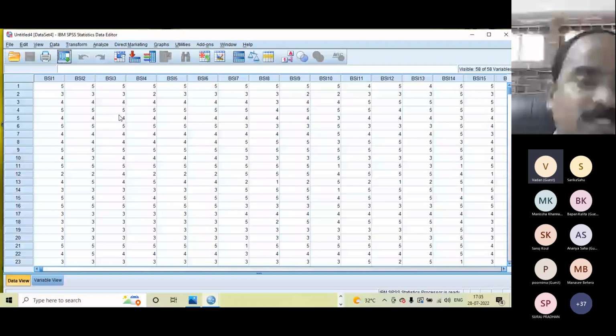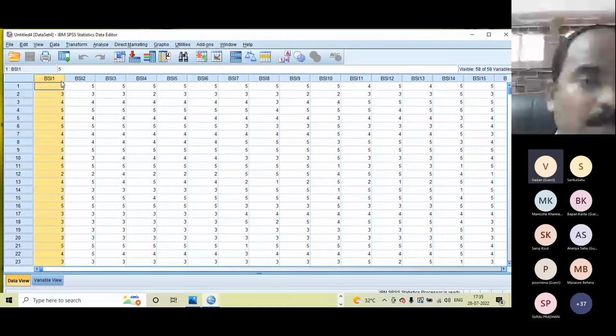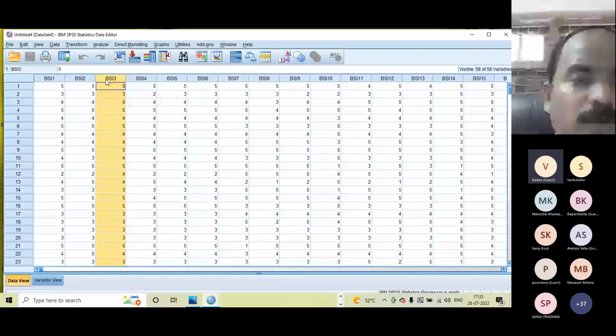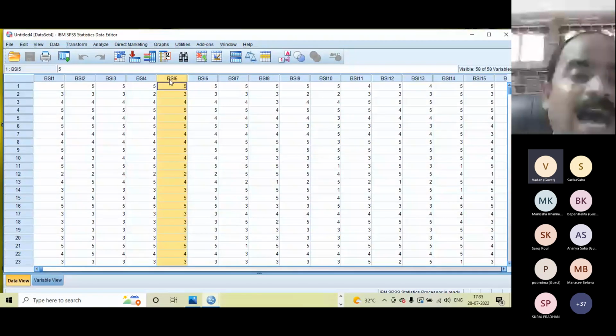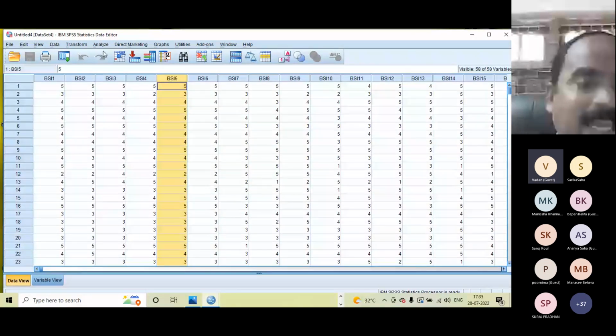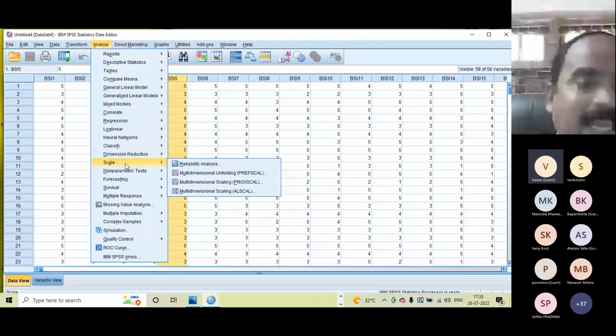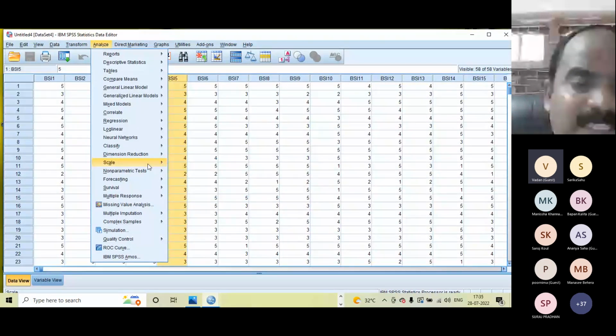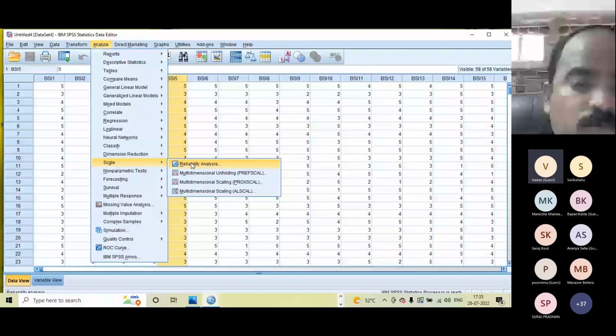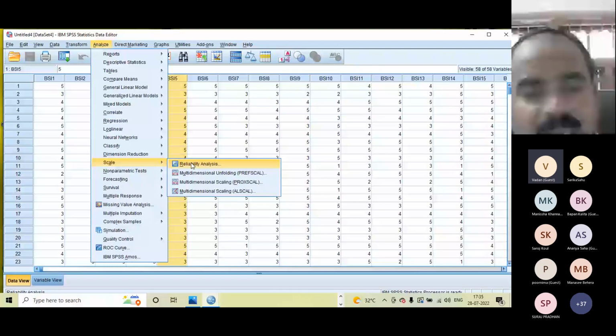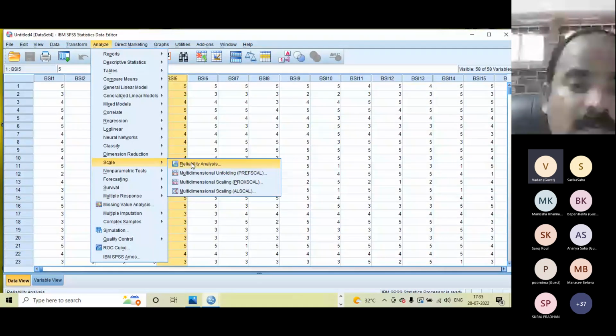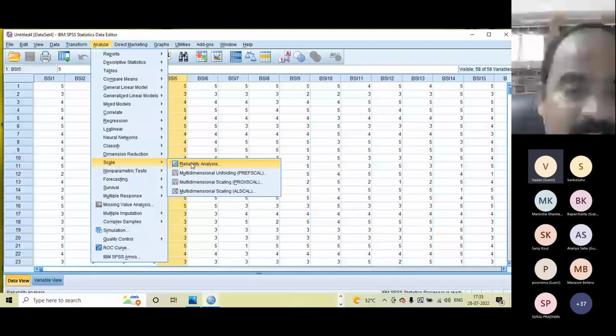BSI 1, BSI 2, BSI 3, BSI 4, BSI 5: only these five indicators come under F1. So go to Analyze, go to Scale, then go to Reliability Analysis.